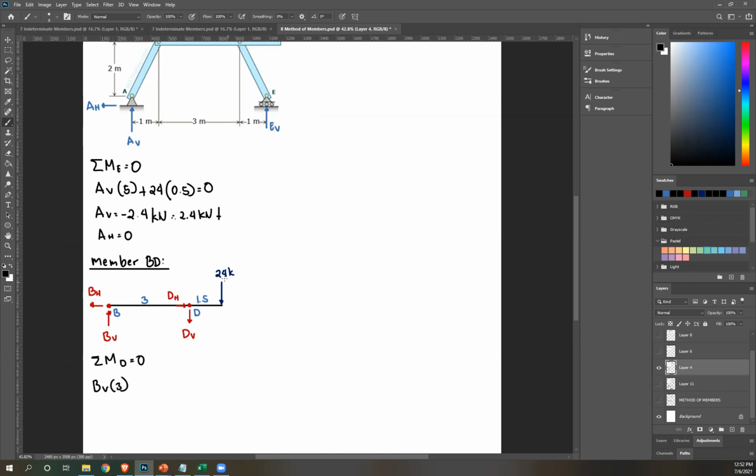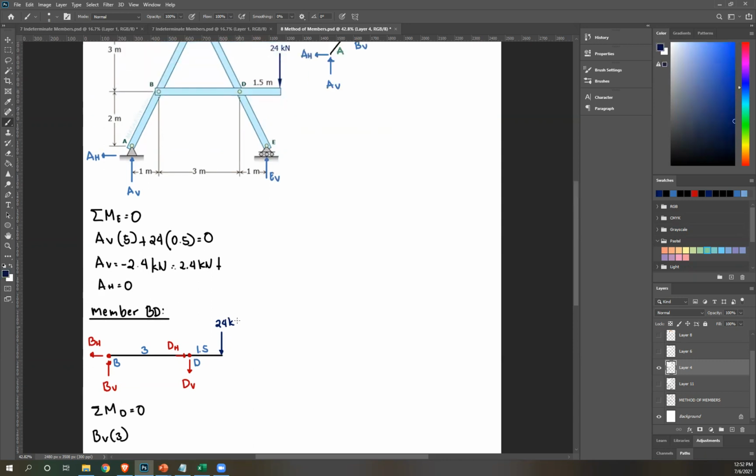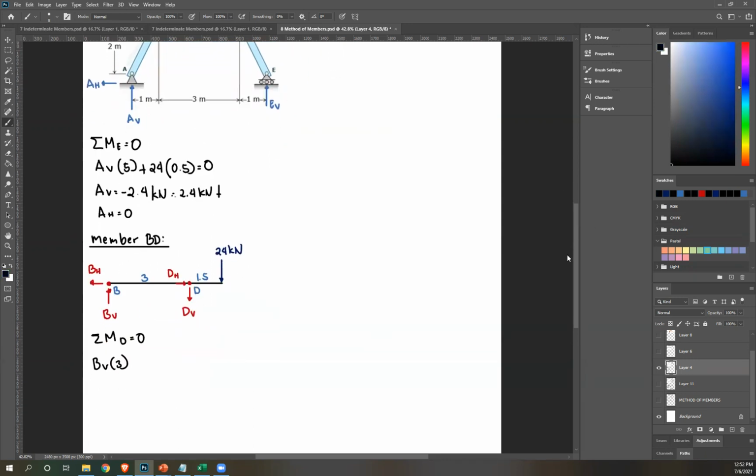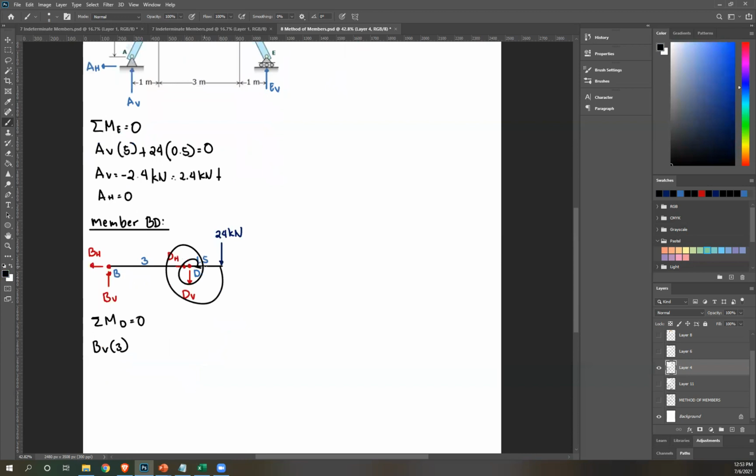What else? 24 kilonewton. Okay. So rotate 24 about D. Again, that's clockwise. So positive 24. Perpendicular distance 1.5. There's no other force, equate to 0. From this, please solve BV.